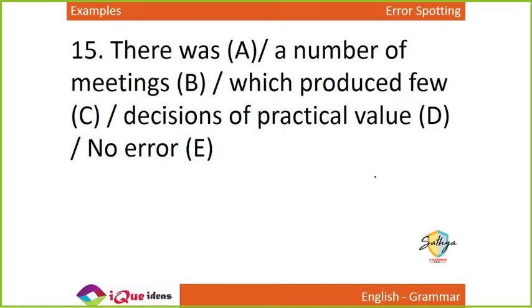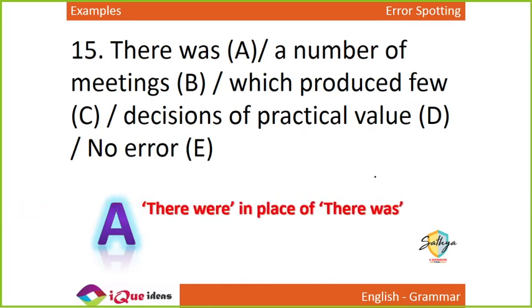So you cannot say there was a singular meeting. There were multiple meetings. So obviously the error is in part A. There were a number of meetings which produced few decisions of practical value, because the verb is associated with meetings.